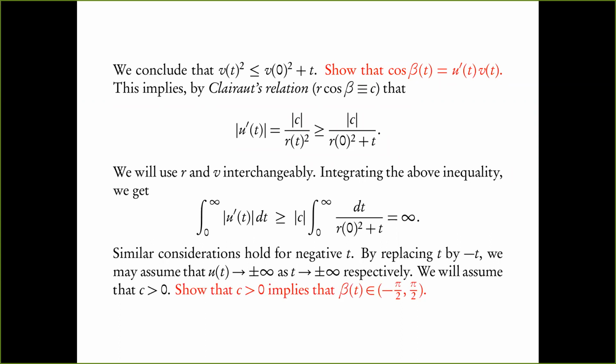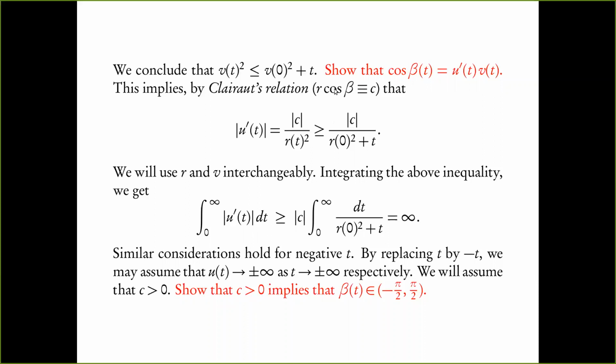No, not the exercise. Okay. So the exercise I'm saying is that c cannot be 0, because c equal to 0 implies it's a meridian, because then beta has to be constant, pi over 2 or minus pi over 2, but it's the angle that the geodesic makes with a horizontal circle. That means it's a vertical tangent vector, so the curve has to be a meridian. So now I'm saying either c is positive or negative. It's a constant. So c bigger than 0 means what? If you go back here, r cosine beta is constant, and this is positive. r evidently is positive.